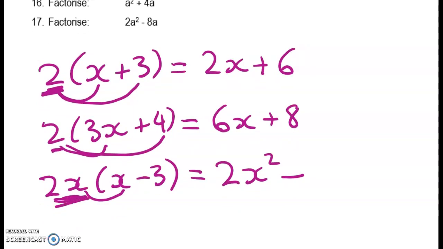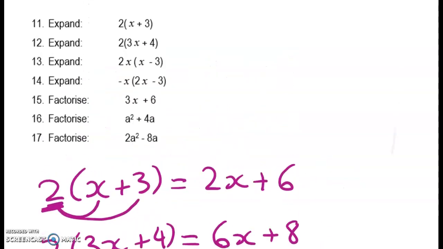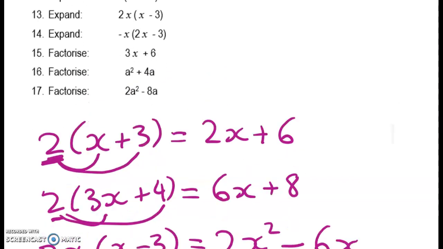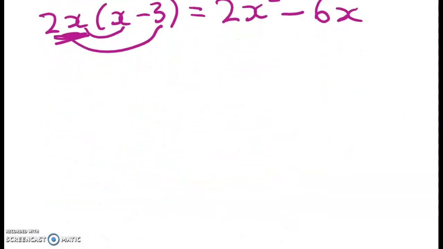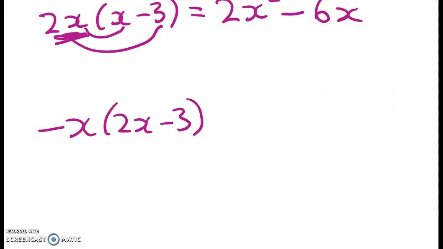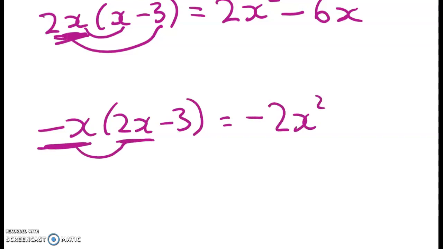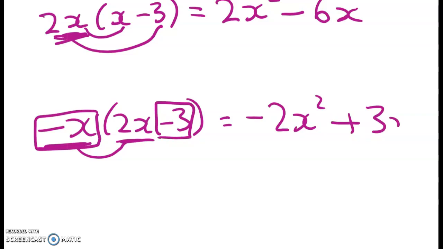Take away 2x times 3, 6x. Okay, number 14 is the last of the expanding ones. So negative x times 2x gives me negative 2x squared. Now I have negative x times negative 3 gives me plus 3x.